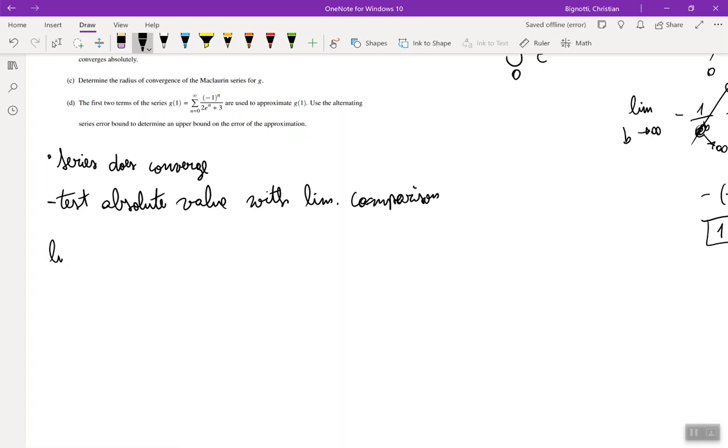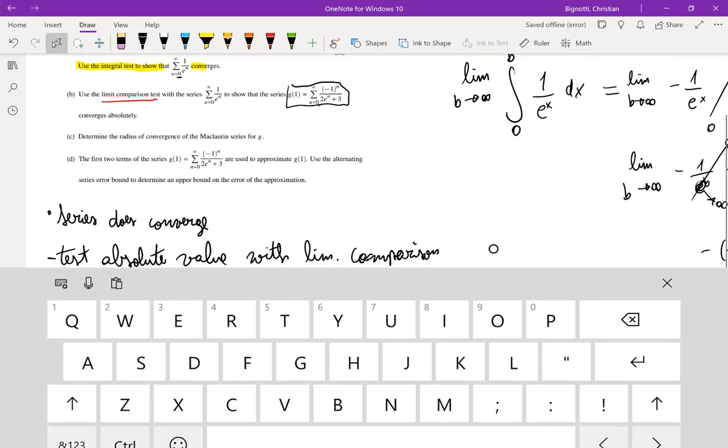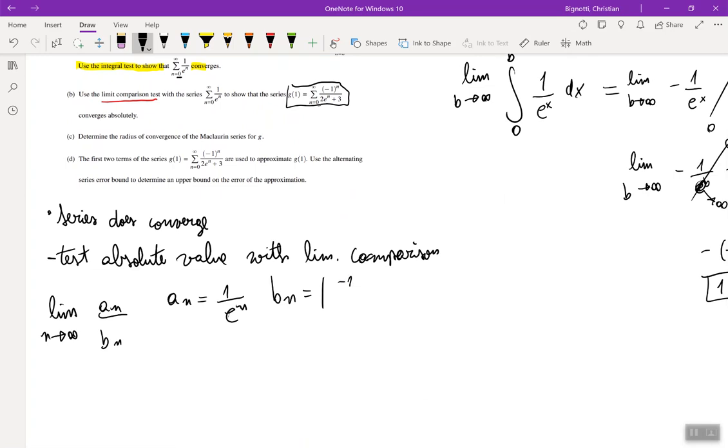So, limit as n goes to infinity of a_n over b_n. We're going to set a_n to the series we know converges. We'll do 1 over e to the n here. And b_n is the absolute value of the series they gave us. This is equal to 1 over 2e to the n plus 3.